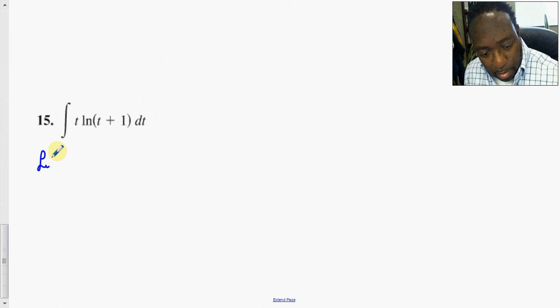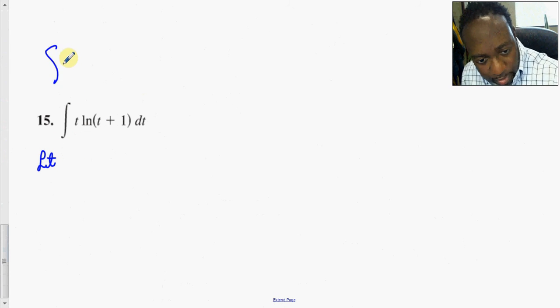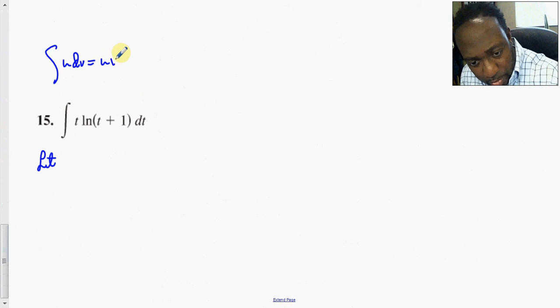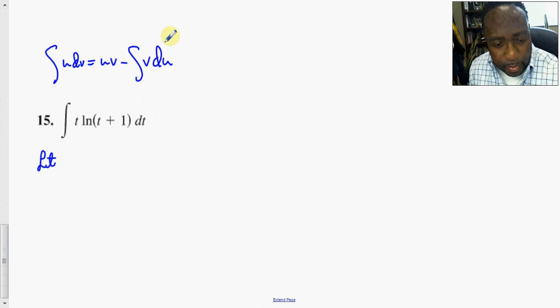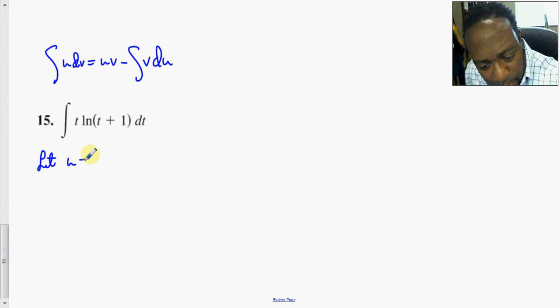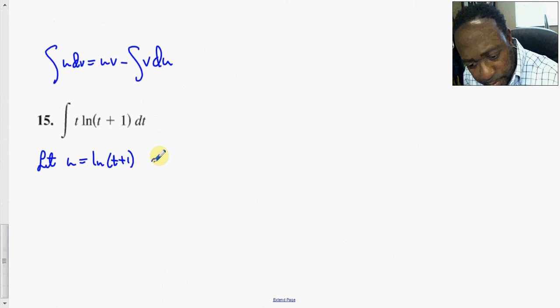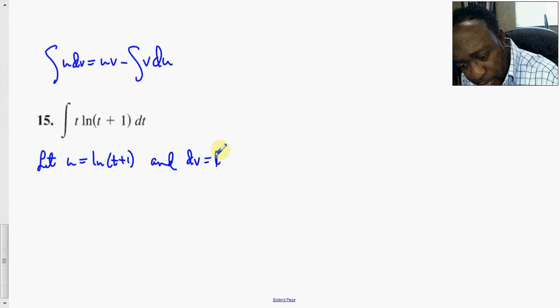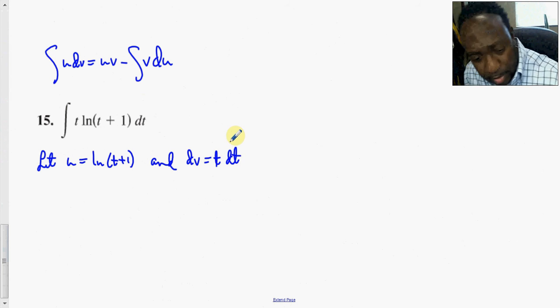So here, we'll just use the integration by parts principle. It says that the integral of u dv is u times v minus the integral of v du. So here, let u equal the natural log of t plus 1, and dv equal t dt.